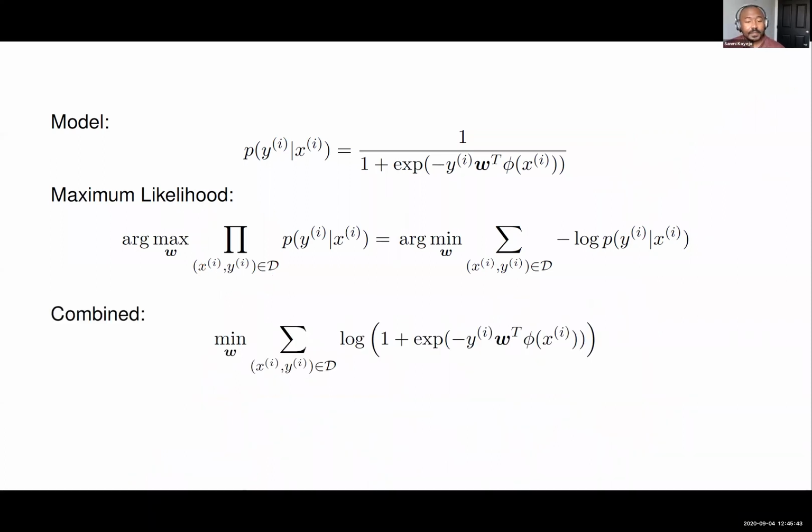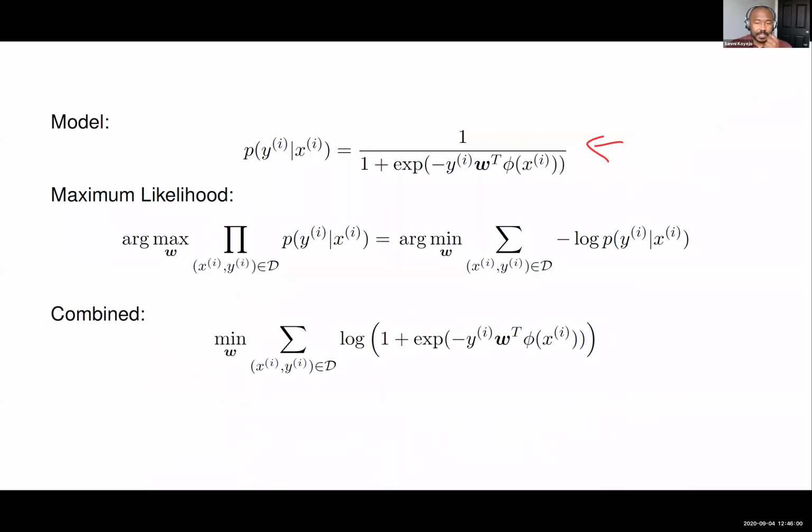Okay, so those steps combining together, we end up with a nice form. If I apply the log to my original model, log 1 is always fixed. It's a constant, so that's 0.